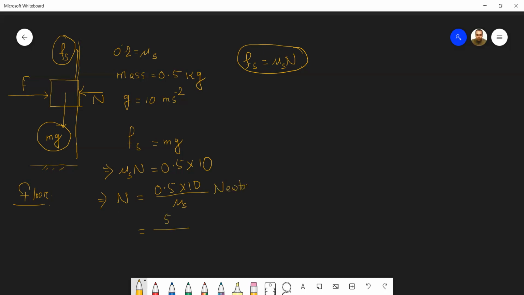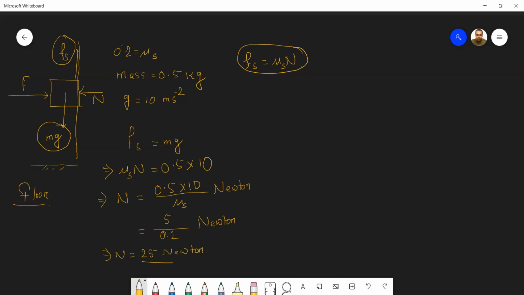Newton would be the unit of the normal force. mu s is given to be simply 0.2. So 5 divided by 0.2 Newton. How much value would we get? It will be 50 divided by 2, which will be 25 Newton. The value of N would be 25 Newton.